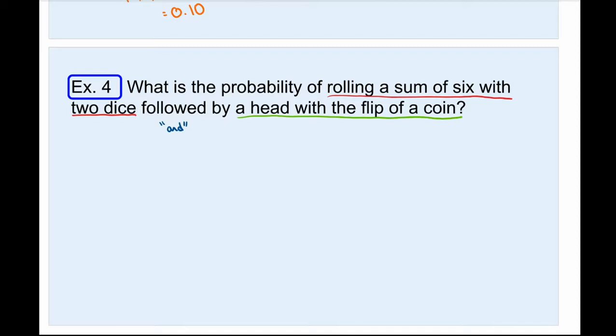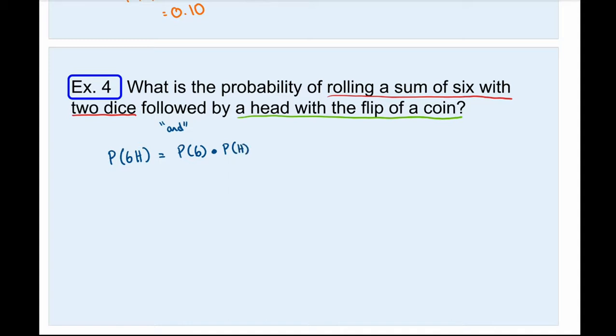In this case, they do not affect one another. So these are independent events. So if I'm looking at the probability of rolling a sum of 6 and getting a head when I flip the coin, I'm going to look at the probability of me rolling a sum of 6, and I'm going to multiply that with the probability of me getting a head when I flip the coin.